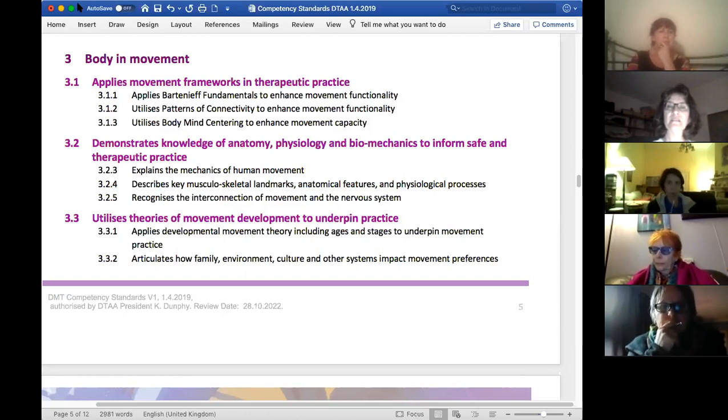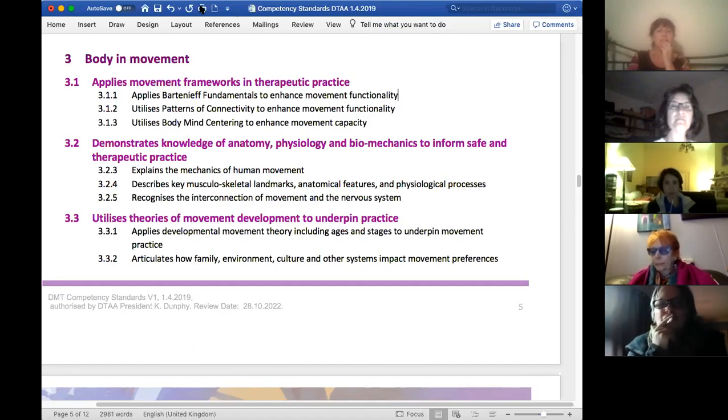And Kim, is it all right if I say that we have considered that what we would like to add to this is possibly one regarding other culturally appropriate movement frameworks.